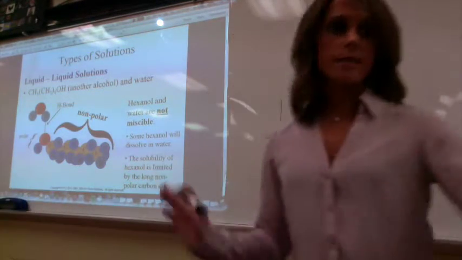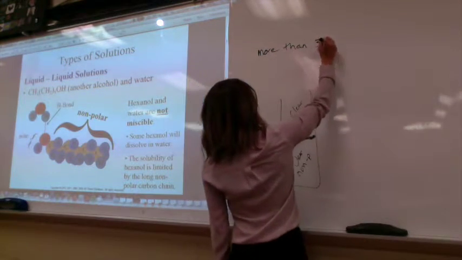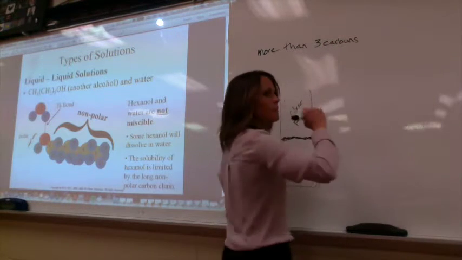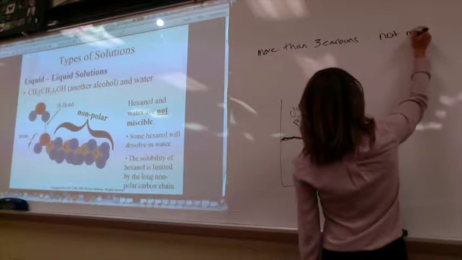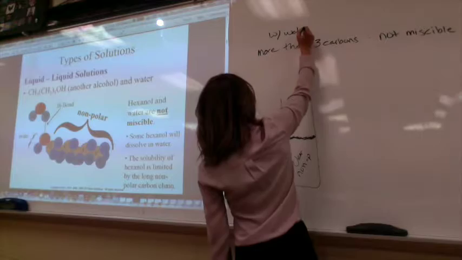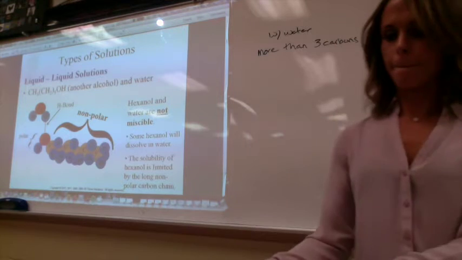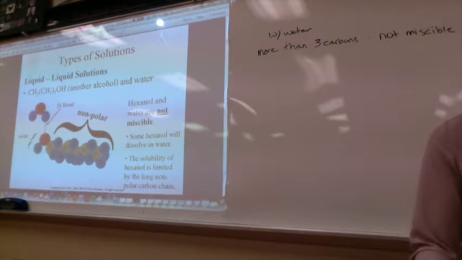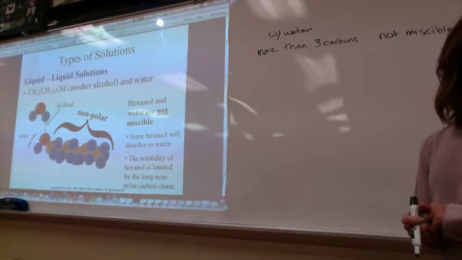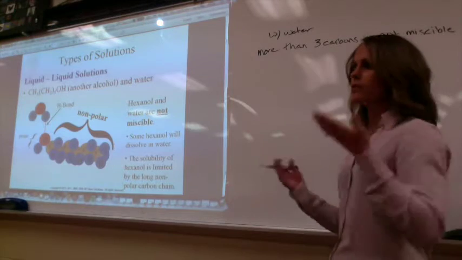All right, so the rule is more than 3 carbons, we say that it is not miscible with water. So if it's an alcohol, and if it's not an alcohol, then it would still be nonpolar with polar.